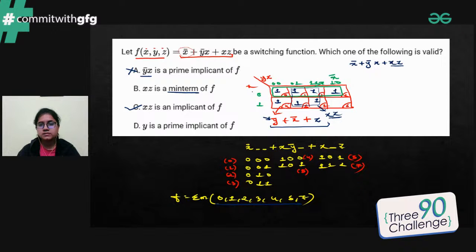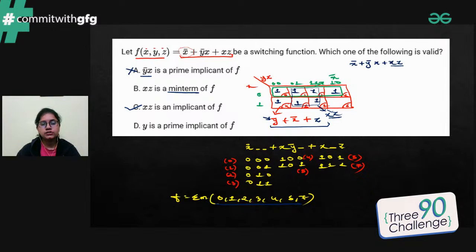Because a min term must include all variables. Whenever I say canonical form, these are the min terms we have taken, and we have considered all the variables while taking these min terms. So when we say xz, we can't say that this is a min term because y is absent.